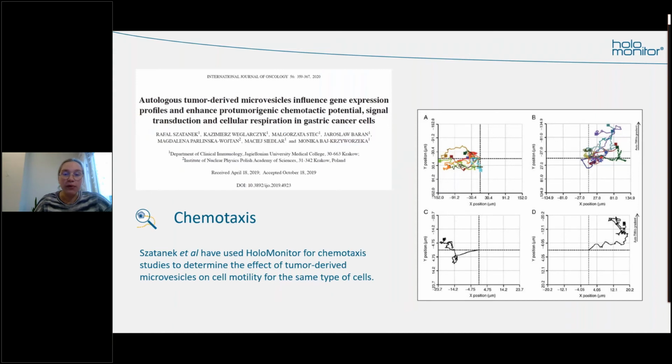In the next example, Szatanek and colleagues have performed a chemotaxis assay using the HoloMonitor system to determine the effect of tumor-derived microvesicles on cell motility.